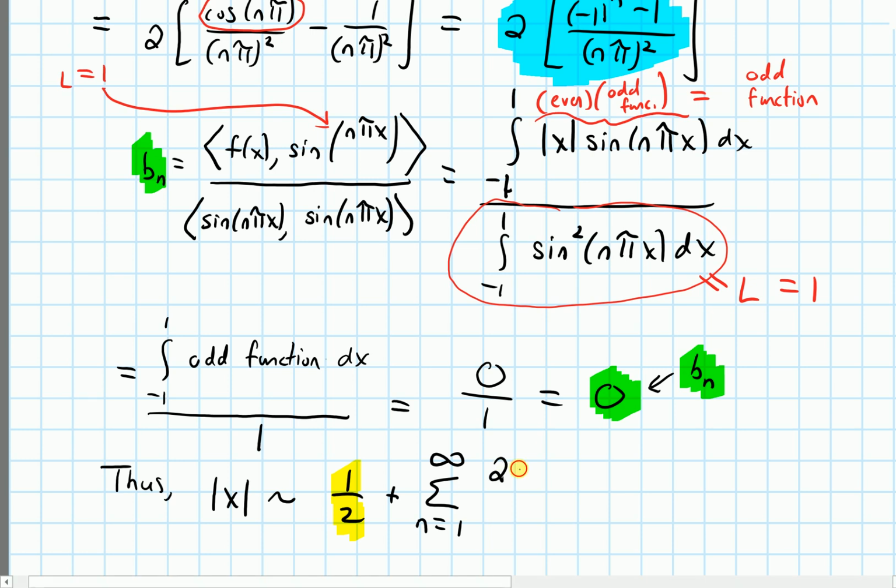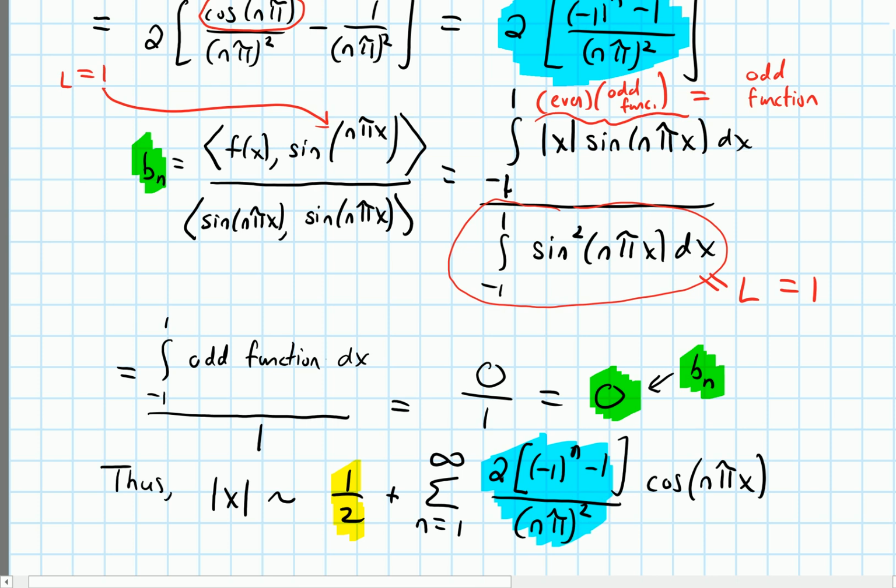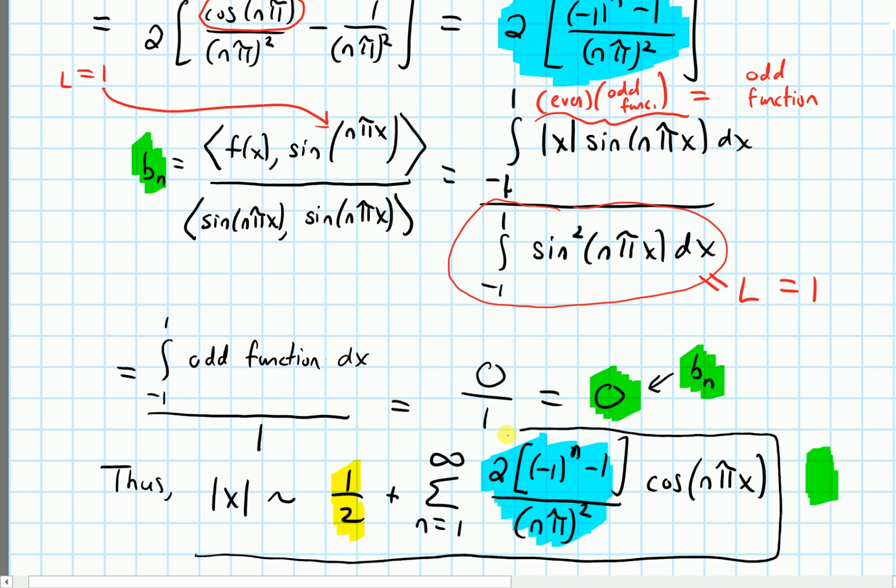So that was 2 times negative 1 to the n minus 1 over n pi squared on the denominator. That times the cosine terms, cosine of n pi x. Okay, so these were the coefficients of the cosine terms. And the coefficients of the sine terms were 0. So technically it would be plus 0 times all the sine terms. So we don't need to write those. So that is the Fourier series for our function, for the absolute value of x.